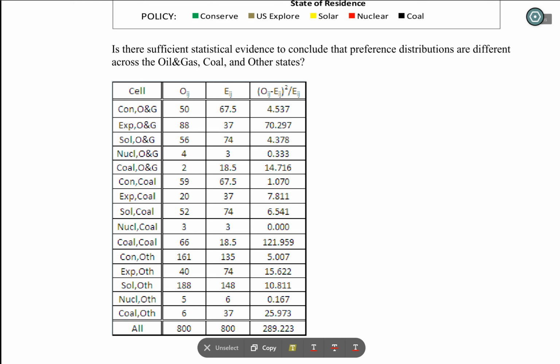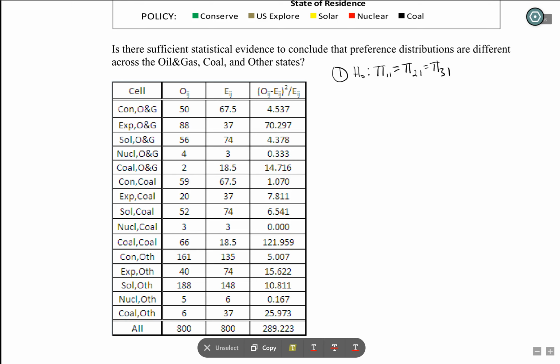All right. So I want us to first think about the hypotheses here, just so we're clear on what that would be. In this setting, that would be that pi 1,1 is equal to pi 2,1 is equal to pi 3,1.